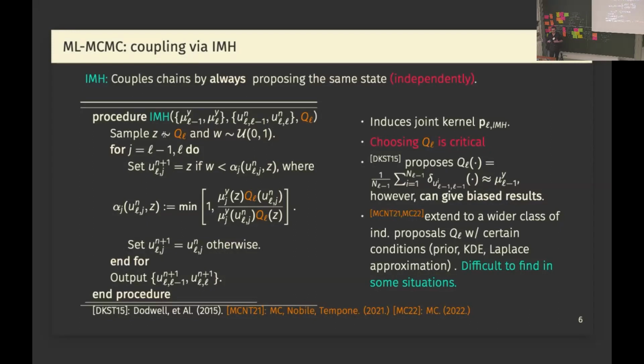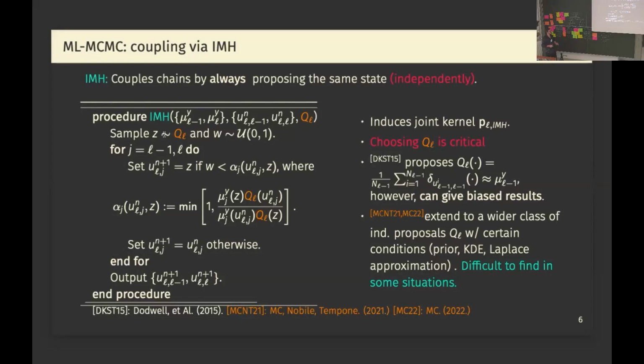Of course, the choice of Q_L is critical, as with most MCMC algorithms, and in particular most or all independent Metropolis Hastings type algorithms. This procedure can be thought of as a generalization of Rob's method, in the sense that in that paper, as a proposal they take an empirical distribution, basically subsampling from the chains obtained at the previous level, which approximates the distribution at level L-1.